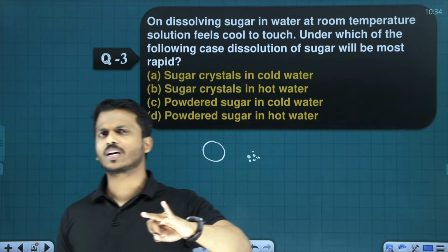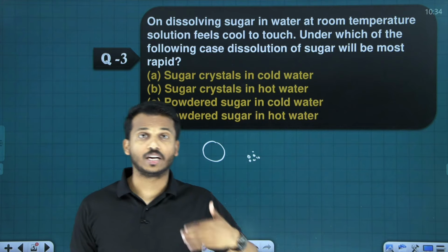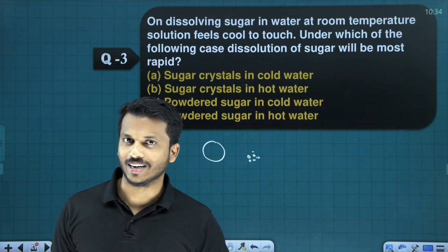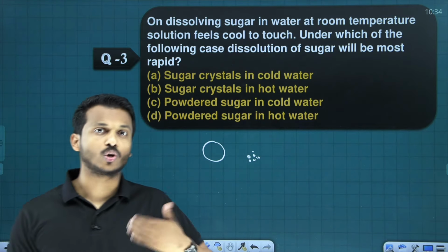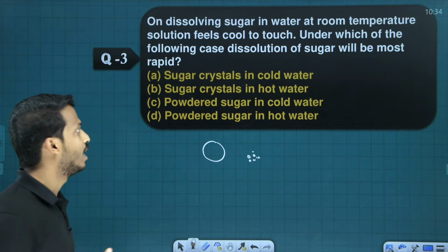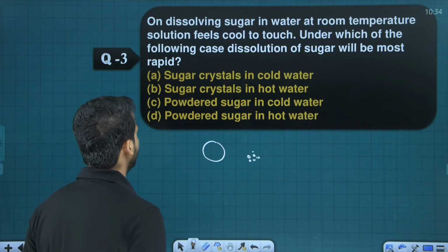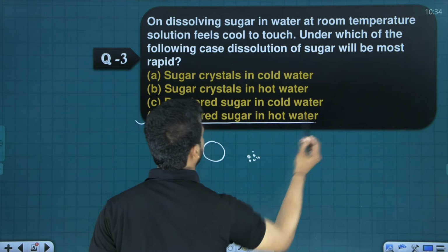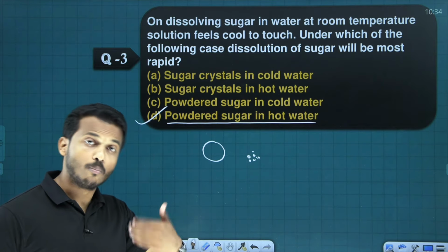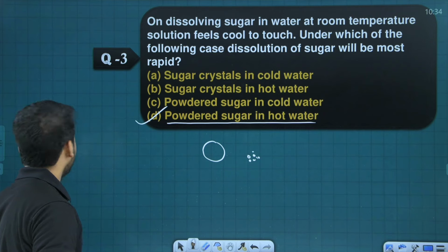Second, whether cold condition or hot condition, we can dissolve more amount in hot condition, right? If you heat the solution, solubility can be increased. So powdered sugar and hot water is best to dissolve more sugar in water.